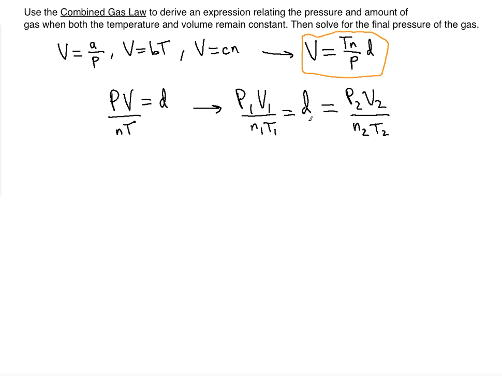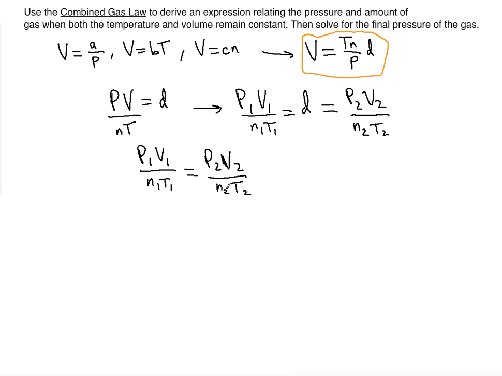It doesn't change. So we can set these two outer guys equal. P1 V1 over N1 T1 is equal to P2 V2 over N2 T2.